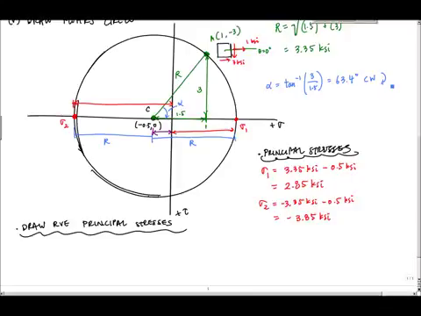A rotation of whatever angle in Mohr's circle is half in the representative volume element, or what I call real life. On the representative volume element, I go half of what I go in Mohr's circle. So theta P1, the angle to principal stress 1, is alpha divided by 2, which is 31.7 degrees clockwise, or this way right here.